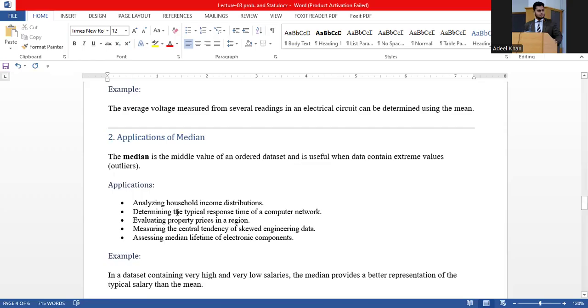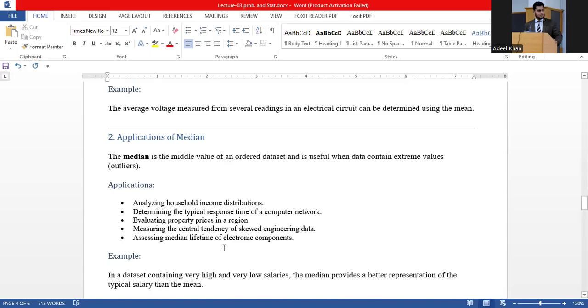Applications for that: analyzing household income distribution, determining the typical response time of a computer network, evaluating property prices in a region, measuring the central tendency of skewed engineering data, assessing median lifetime of electronic components.